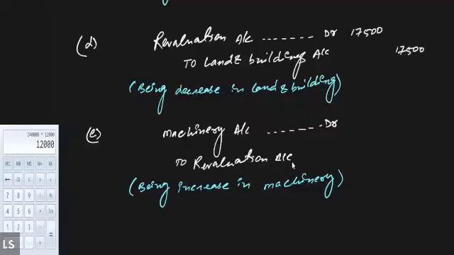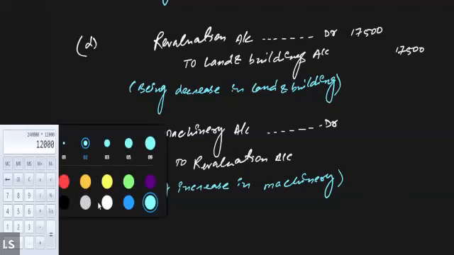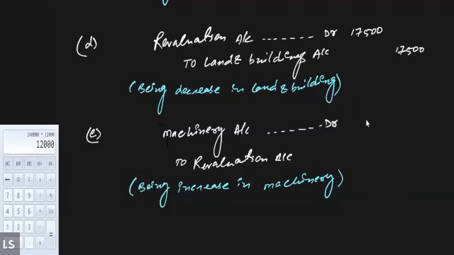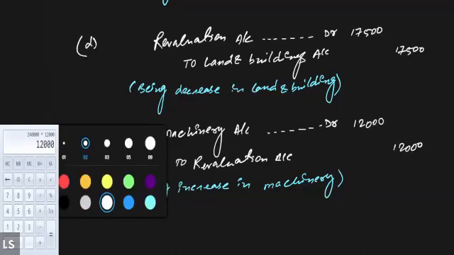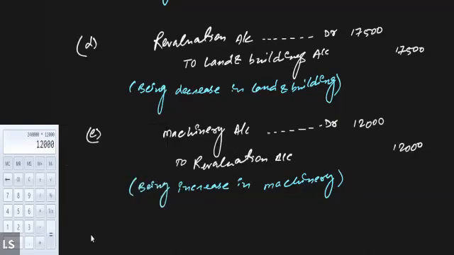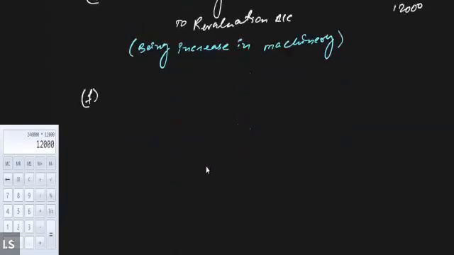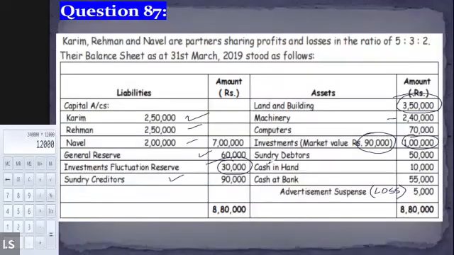So the machinery account will be debited by 12,000. Done? Any doubt, anyone? No, sir. No doubt. Now let's move to the next one.